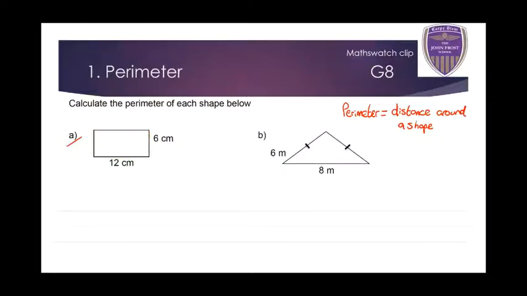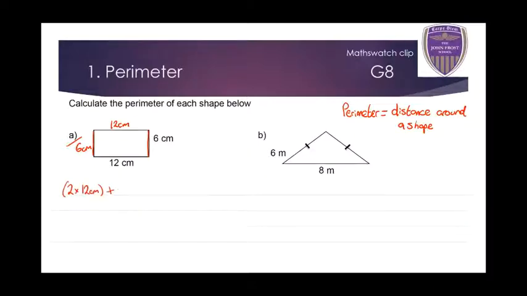Well, I know that this side is 12 centimeters, therefore I know that this side is also going to be 12 centimeters. Because I know this side is 6 centimeters, I know that this side will be 6 centimeters as well. So I've got two 12 centimeters, so I can do 2 times 12 centimeters.